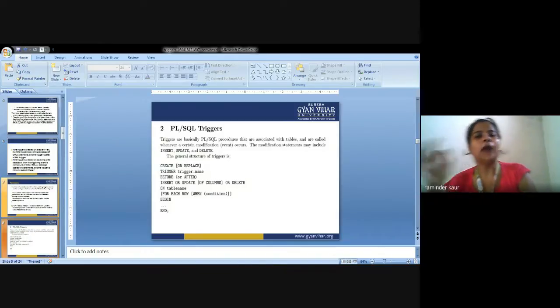It could be update, it could be delete, or it could be insert. That could be performed. But instead of trigger, one per triggering action could be performed. It could be update, it could be delete, or it could be insert.